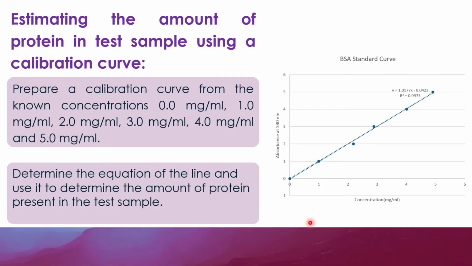Estimating the amount of proteins in test samples using a calibration curve. First of all, what you have to notice is that we have to prepare a calibration curve from the known concentrations: 0.0 milligrams per ml, 1.0 milligrams per ml, 2.0, 3.0, 4.0, and 5.0 milligrams per ml.